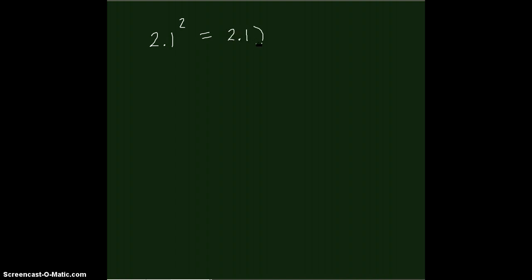So it will be 2.1 times 2.1, which would be 4.41. That's 2.1 squared. Let's stay with some integers for a minute. 3 squared will equal 3 times 3, which is equal to 9.